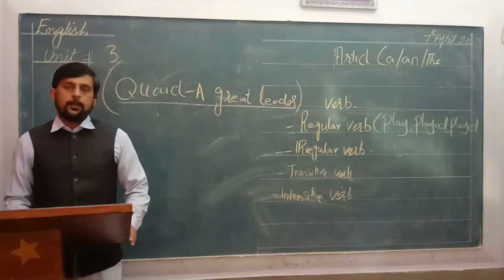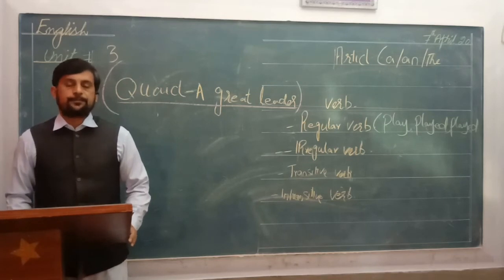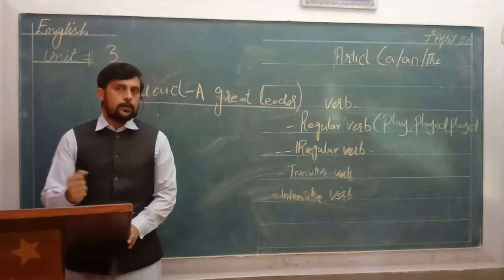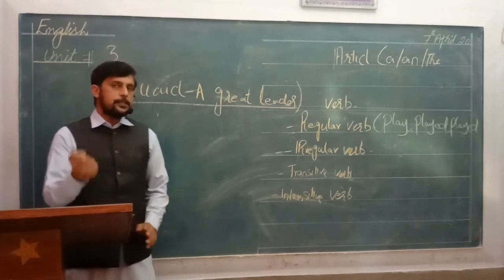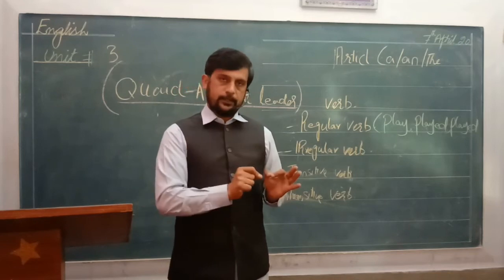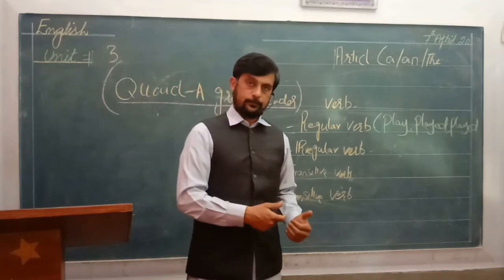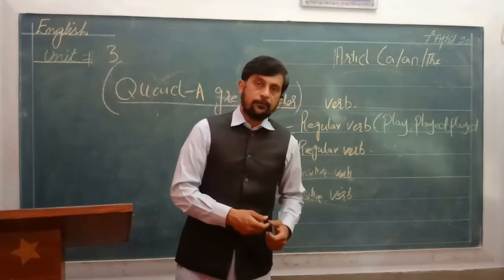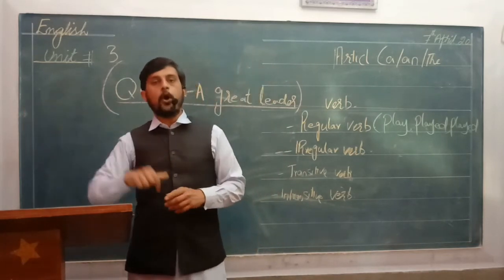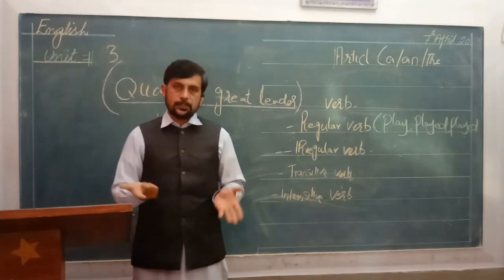For example, I was going to school. In simple words, a transitive verb takes an object, I mean the receiver of an action. That one which has the object of that verb is called a transitive verb.